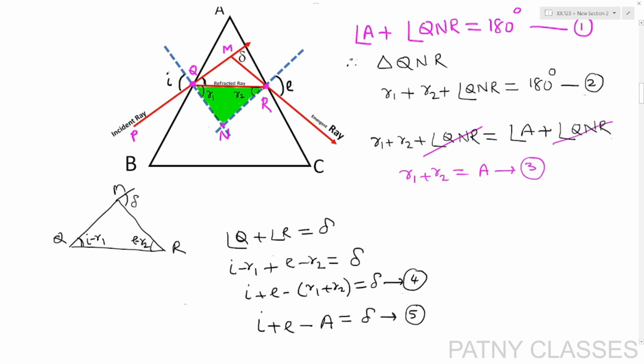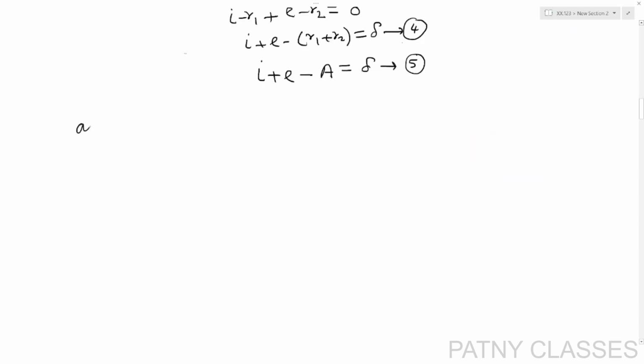As we keep on increasing the angle of incidence, the angle of deviation will keep on decreasing and will attain the smallest value, the minimum value. That minimum value is called the angle of minimum deviation. It is denoted by Dm, capital D with suffix small m, where delta equals the minimum deviation.